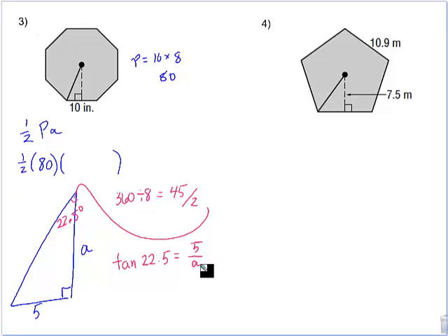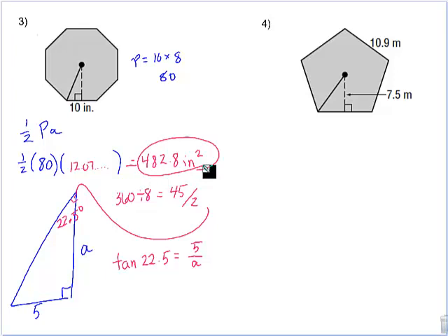Good, so it's 12.07. Use that exact value, times your half and your 80. Yep, inches squared.